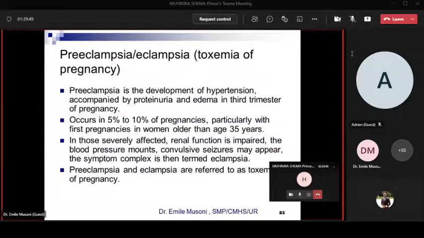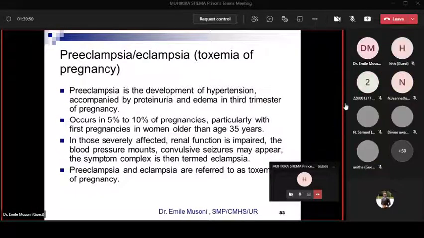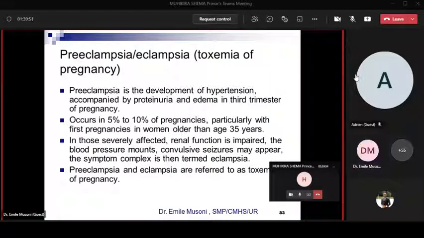But the cause is unknown. You see, there are several organs affected. Some renal function is impaired. So this is why eclampsia is an emergency.